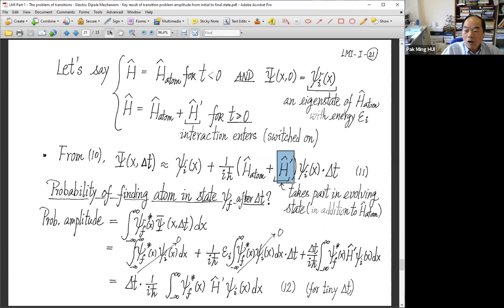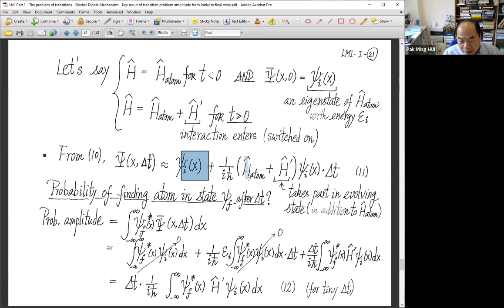Therefore, we started to see the action of H prime. Let me remind you, if this part were not here, as we already discussed, it will stay on the initial state forever, if this is an eigenstate.